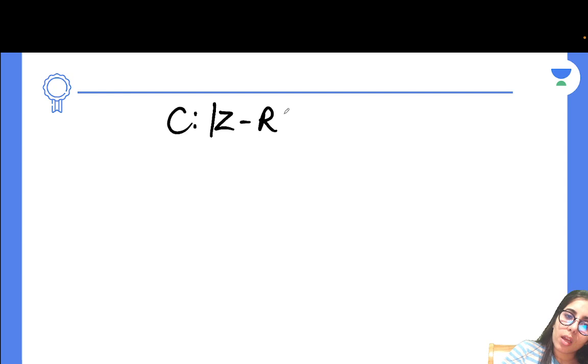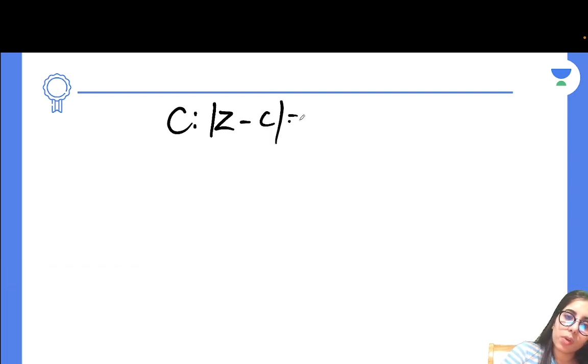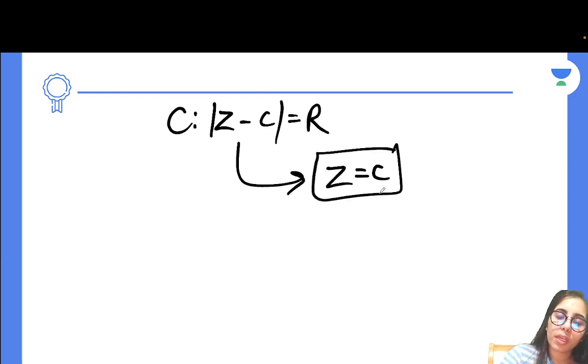Now, what is the contour? A contour can be a circle. For example, let me write it: modulus of z minus c is equal to r, with c as the center of the circle. It will give you z is equal to c if you equate it with 0. So z is equal to c is the center of the circle, right?